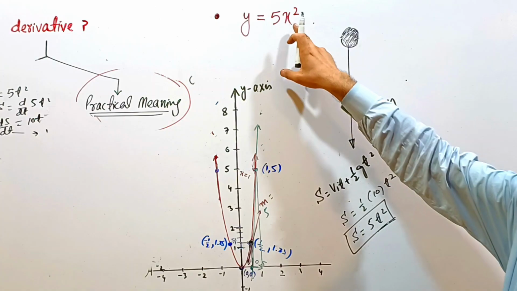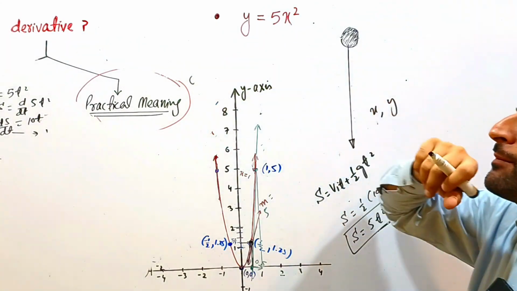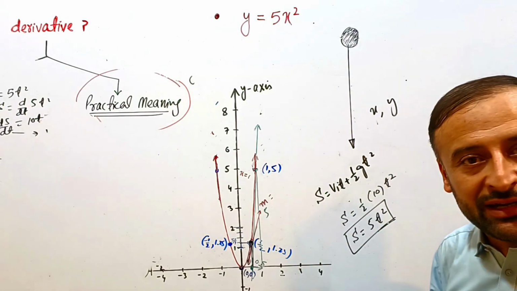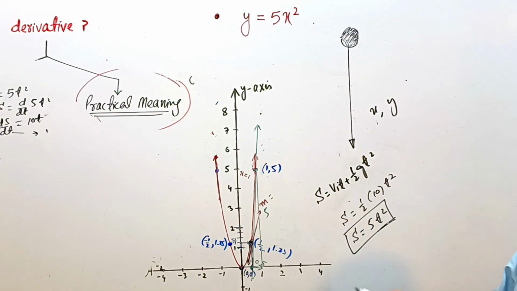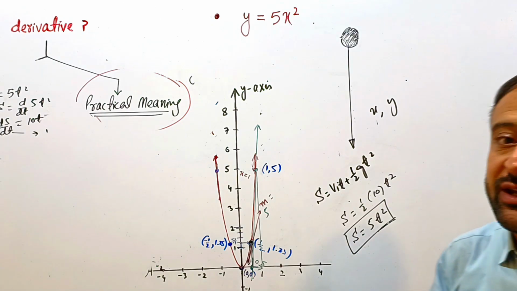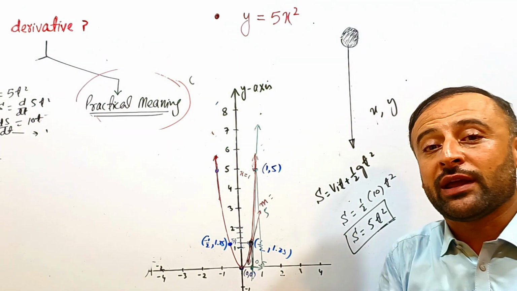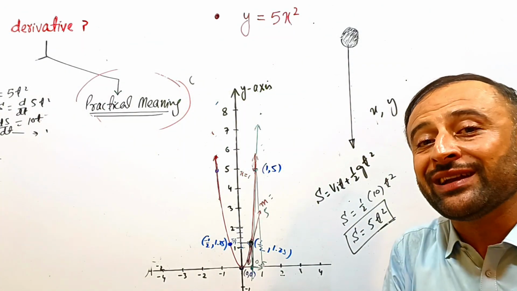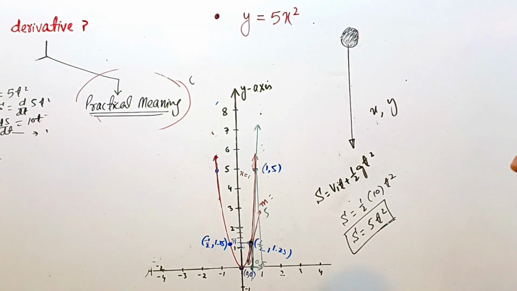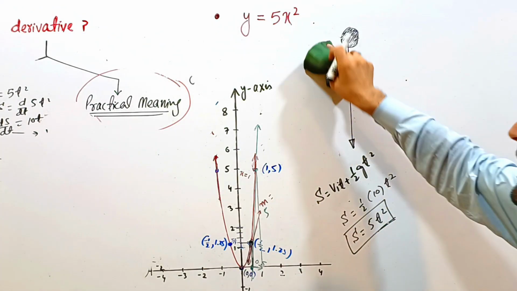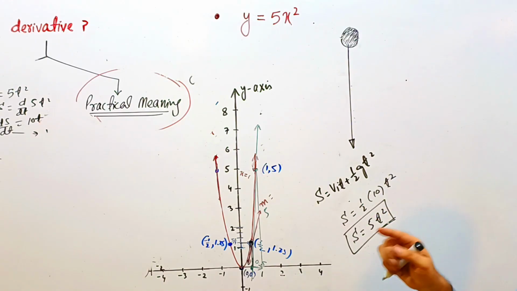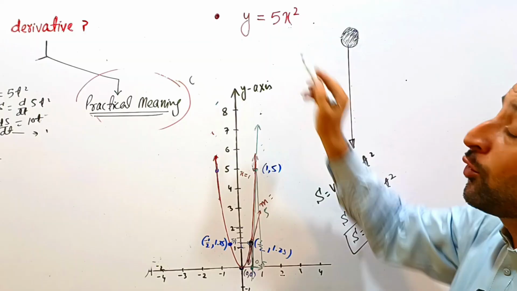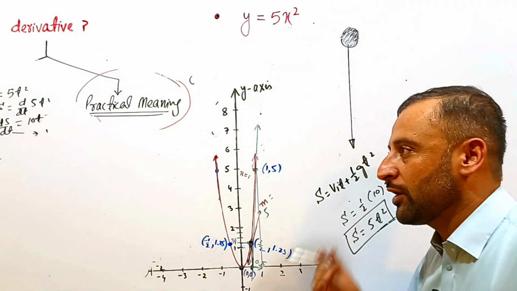And if x is representing time and y velocity, then the derivative will show instantaneous acceleration. Likewise, we have phenomena in which x is representing time and y is representing magnetic flux, then the derivative will show induced EMF, and so many phenomena. I hope, students, you got the point, that the practical meaning of the derivative all depends on what these variables x and y, input and output, represent. I hope it is clear to you.